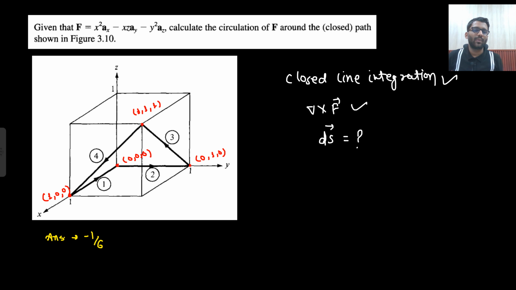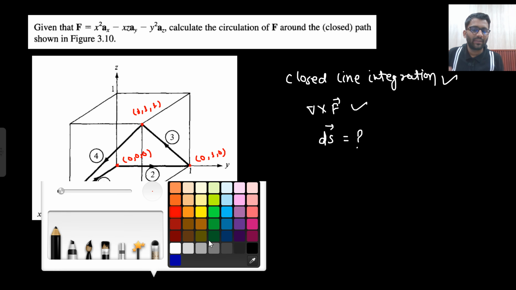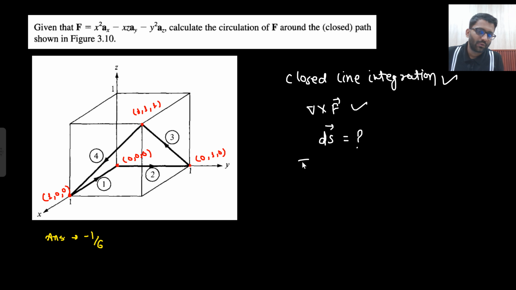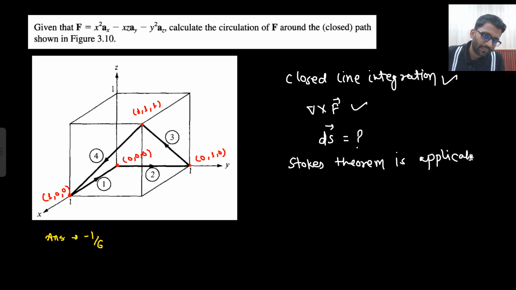So in these kinds of problems, I will try to avoid applying Stokes theorem. Stokes theorem is applicable here, but this is tough.